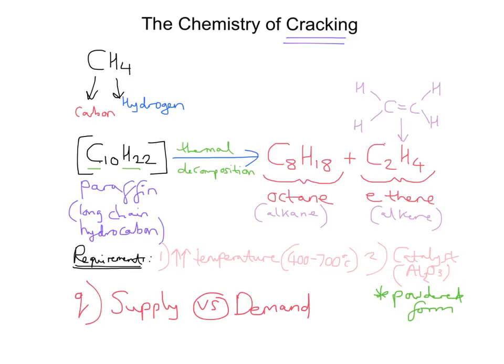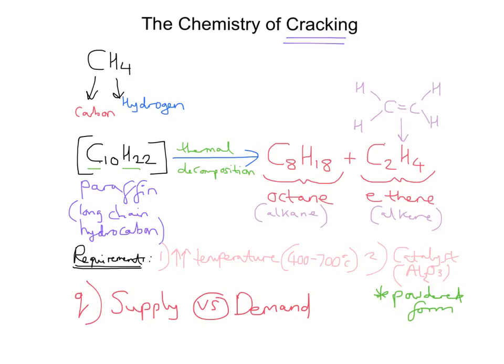So you would find perhaps that you would use kerosene to supply extra petrol and oil and bitumen to supply extra diesel, because there's quite a high amount of those within the crude oil. Then again, oil and bitumen might be able to crack to form both petrol and diesel, because there is quite a significant amount of that in crude oil. So just be aware that a lot of the questions you get in exams are numerical. They'll give you percentages about the fractions and you might have to guess which one is cracked.